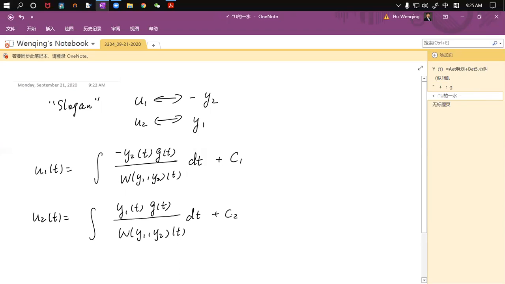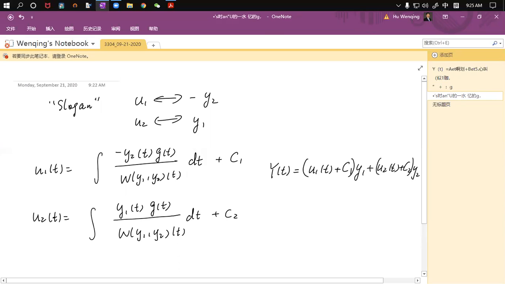Now, if you use these antiderivatives to build your particular solution, it will be u1 of t plus some c1, multiplied by y1, plus u2 of t plus some c2, multiplied by y2. That gives u1 y1 plus u2 y2 plus c1 y1 plus c2 y2.